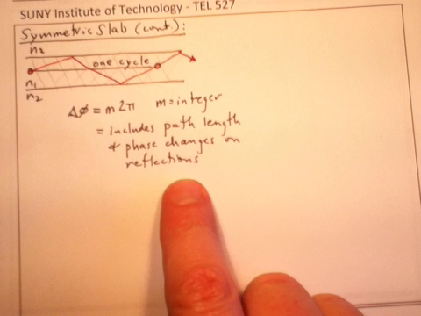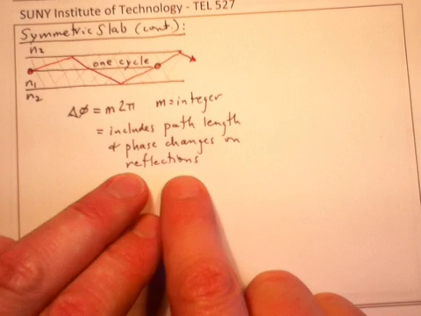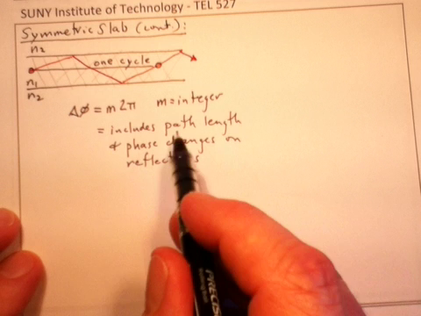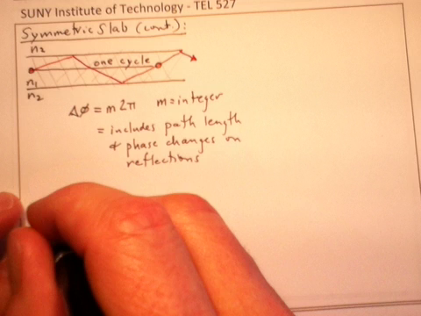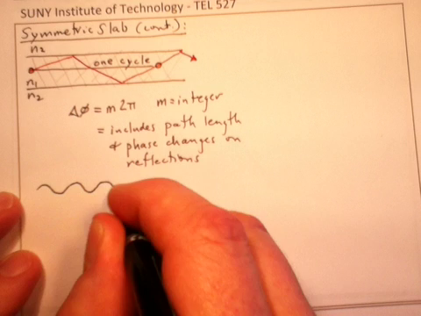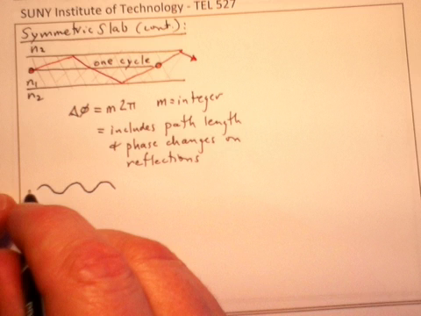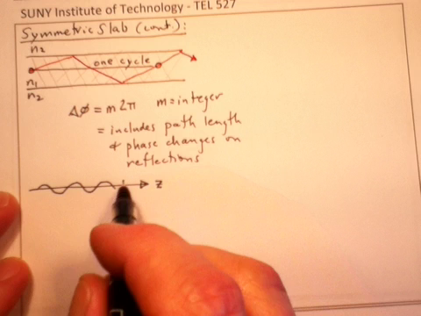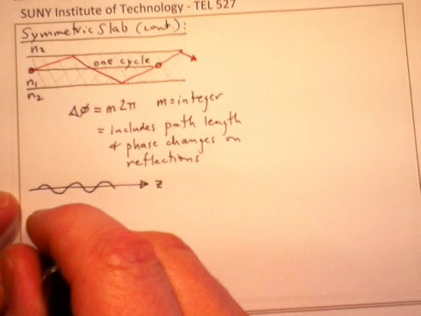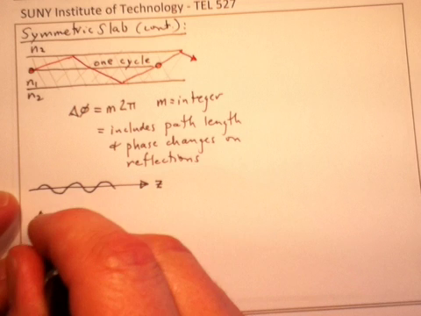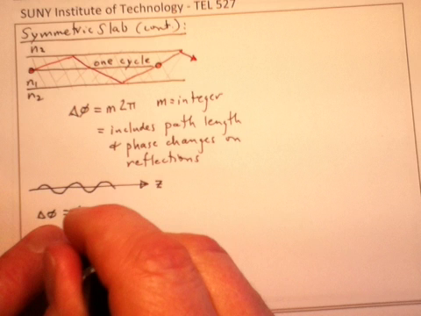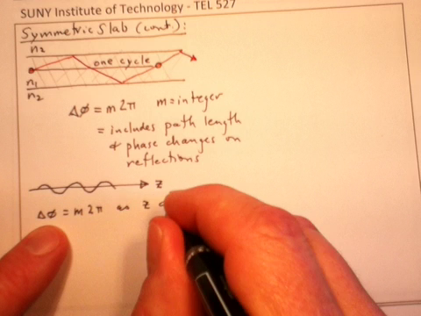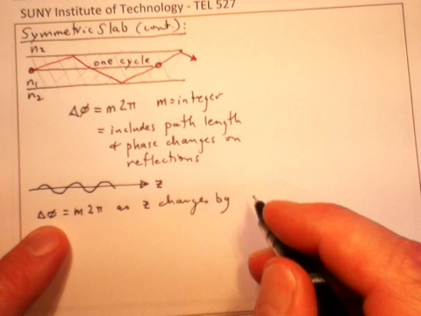The one part that is easy to understand, though, is the phase change due to path length. As a wave goes a certain distance, let's call that the z direction, the direction of propagation, the phase change is an integer multiple of 2 pi as z changes by the wavelength.